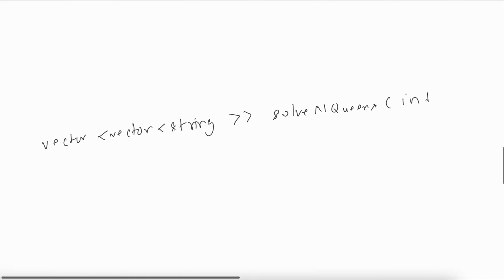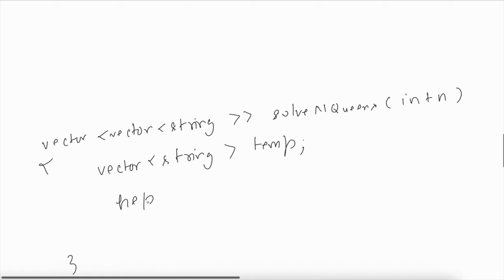Here we have n. This is a function which we need to implement. This is our temporary answer. How it will look I will tell you, but we can declare one temp which is currently empty, and we will implement one function help, which I talked about earlier.